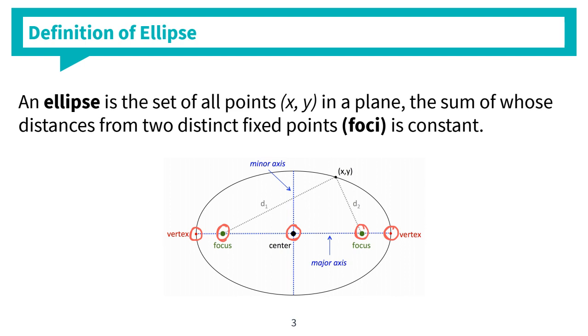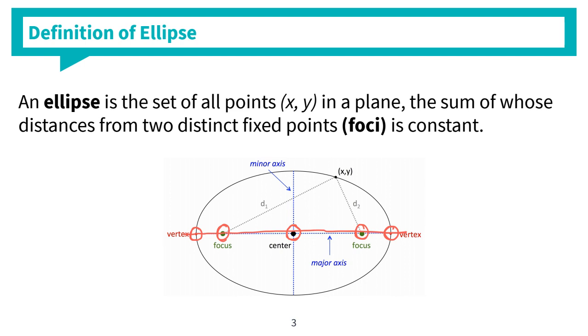Now, what's really important is to identify the major axis. So the major axis is always the longer axis. And in this case, because our ellipse is horizontal, the major axis is the horizontal axis. And what I want you to notice as well is that the major axis always goes through the center, the focus, and the vertex, or better said, the center, the foci, and the vertices.